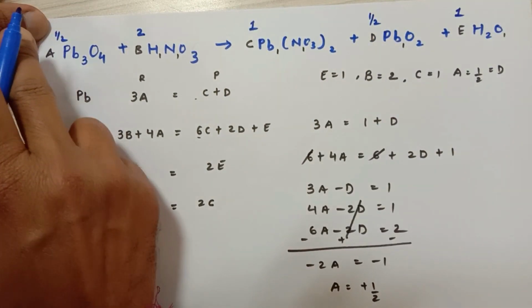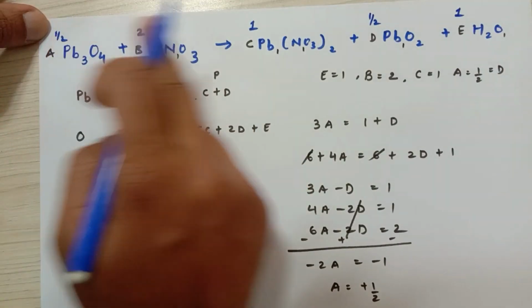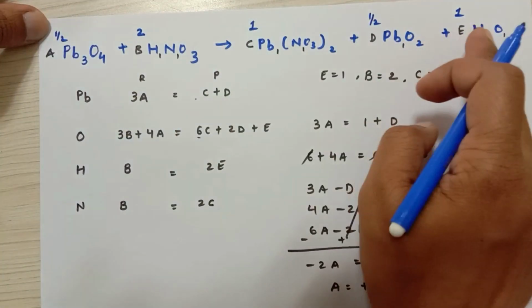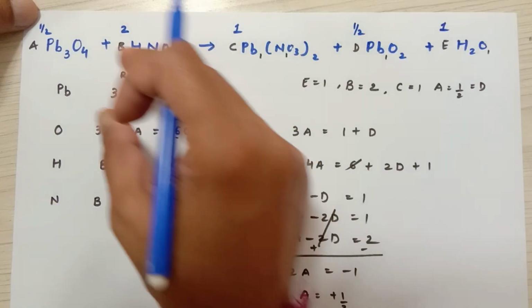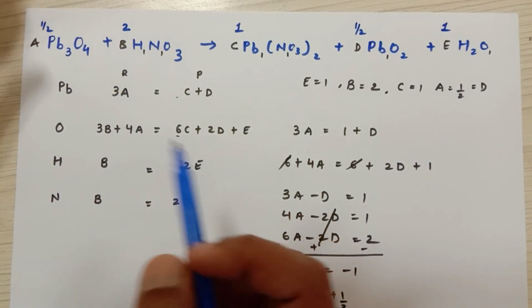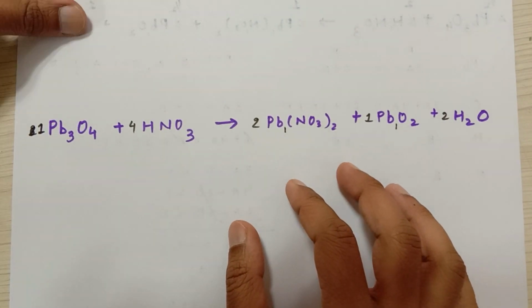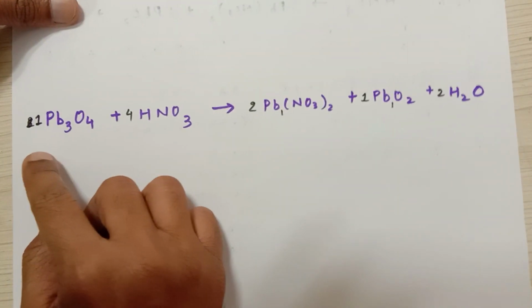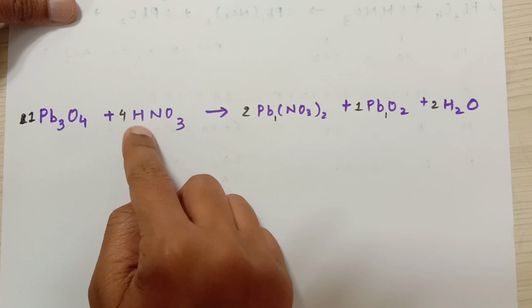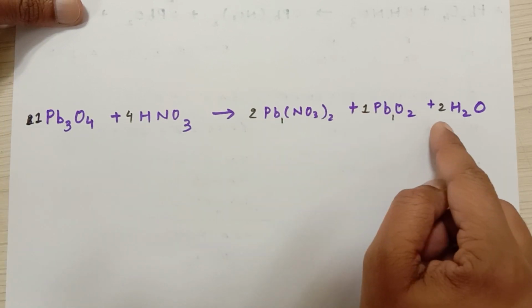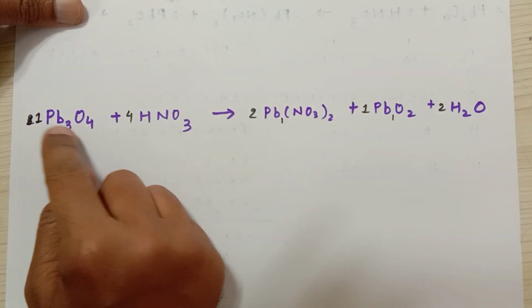Now guys, I am going to multiply this by 2, because fractions are not acceptable here. So now I have multiplied them with 2, so I get 1, 4, 2, 1, 2. Now let's check. 1 3s are 3.